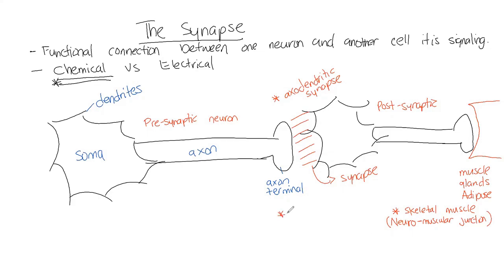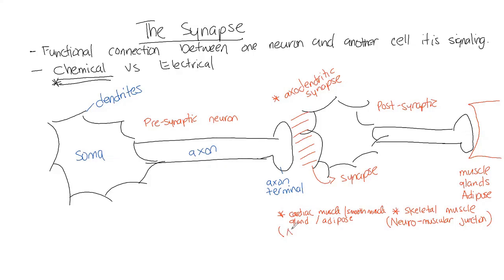If the cell, I'm going to just move it over here. If the cell is a cardiac muscle, smooth muscle, or the other types of cell, gland or adipose, so I'm going to put cardiac muscle, smooth muscle, gland or adipose, then the junction is named differently.